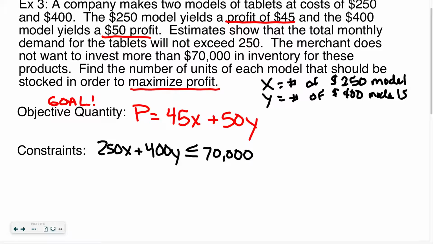Demand for tablets. We don't want to keep more than we're going to sell. It says we estimate that we will not sell more than 250. So use a less than or equal to, and what would we say on the other side? All the models together should be less than 250. So X plus Y. Anything else limiting you?